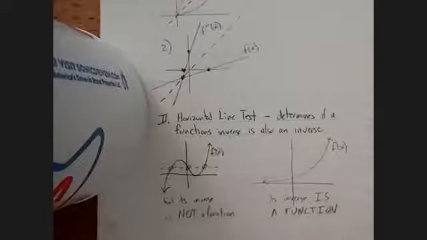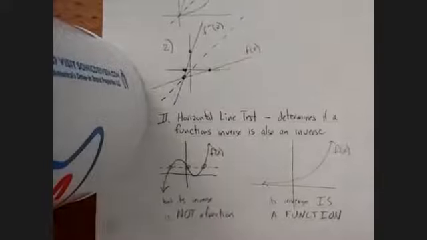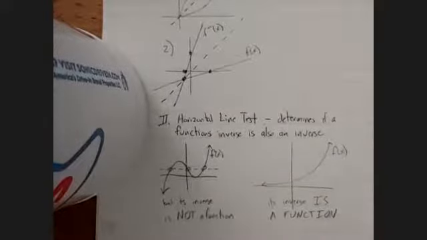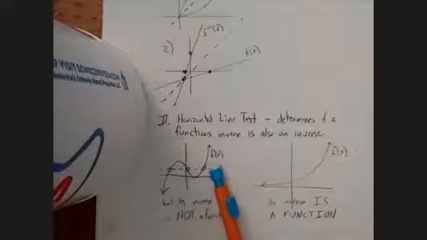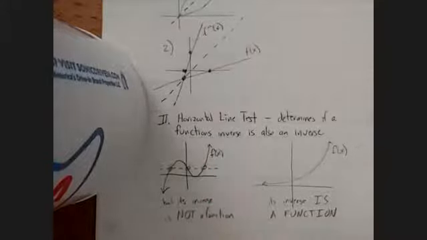Because the function's graph passes the horizontal line test. So that's pretty easy to do. Works just like the vertical line test, but it has a different conclusion. So the vertical line test tells you if the original graph is a function. The horizontal line test tells you if the inverse is a function.